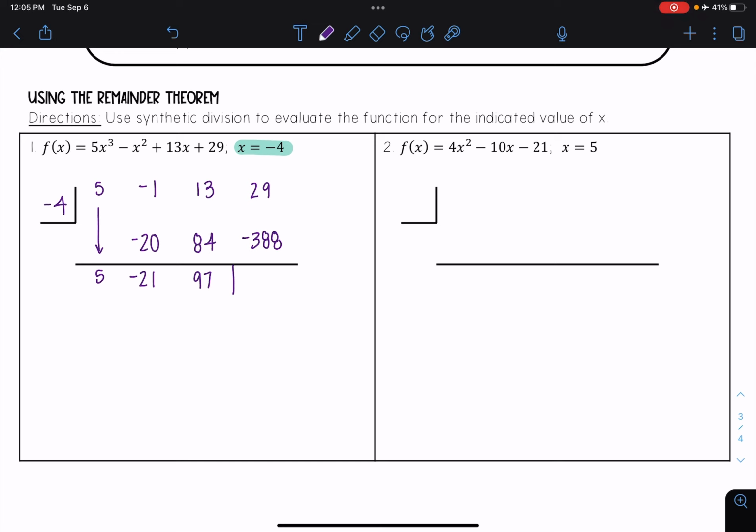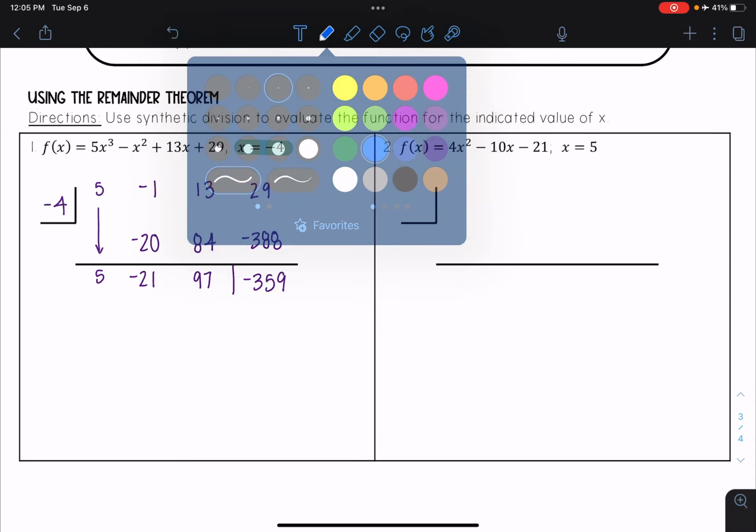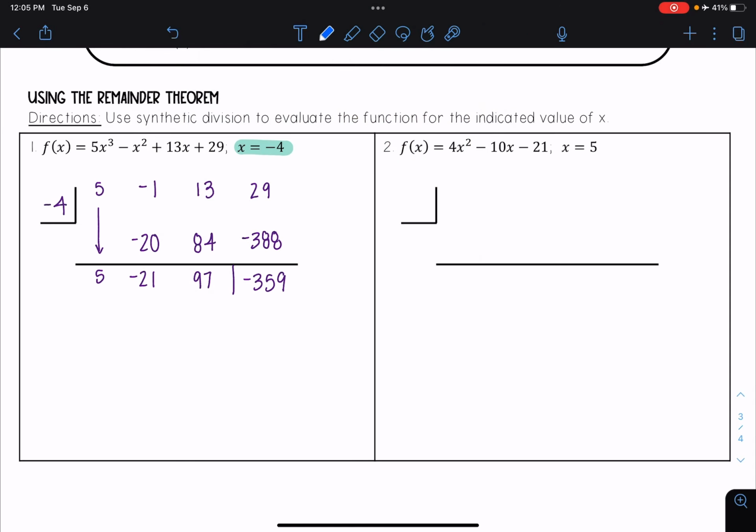And then 29 plus -388, I get -359. And so the remainder theorem tells us that f evaluated at -4 is equal to -359. That's equal to what my remainder is.